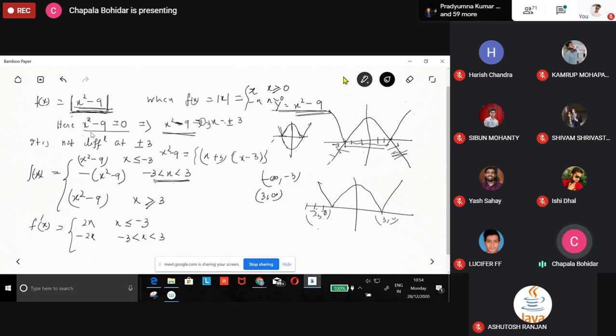Sorry, you cannot write less than or equal to here, because it is not differentiable at minus 3, so we only write it is less than minus 3. Then it is 2x when x is greater than 3.